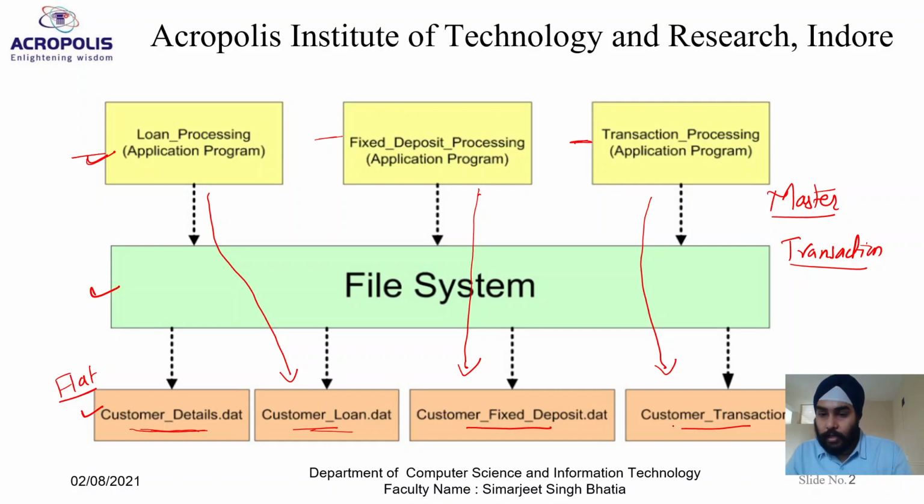A customer can withdraw cash or withdraw money, or can deposit some amount in his or her account. That constitutes the customer transaction, which has the capacity to change almost each and every day. Each day a customer could debit some money or credit some money in the account. So it comes, indirectly, under the category of the transaction file.